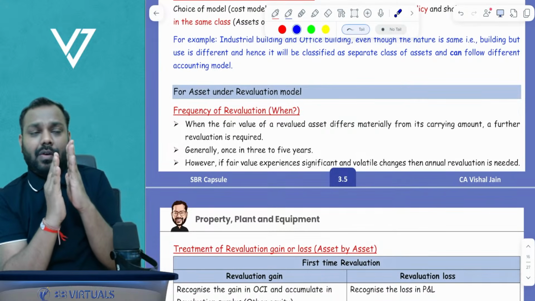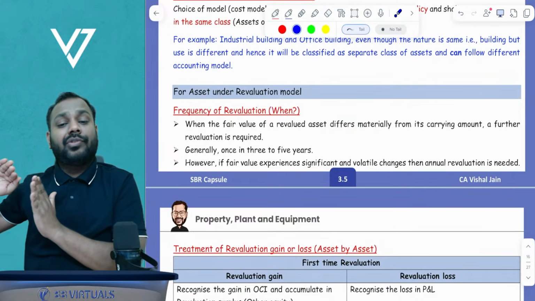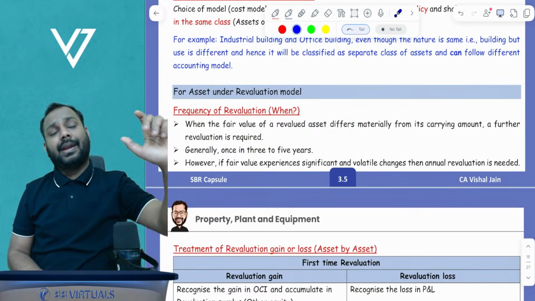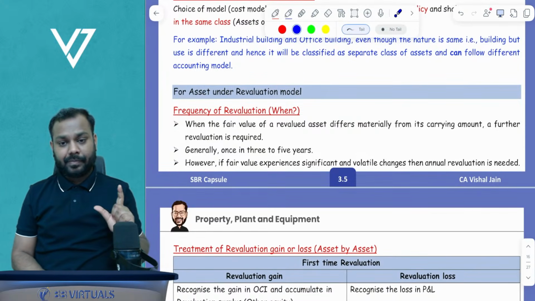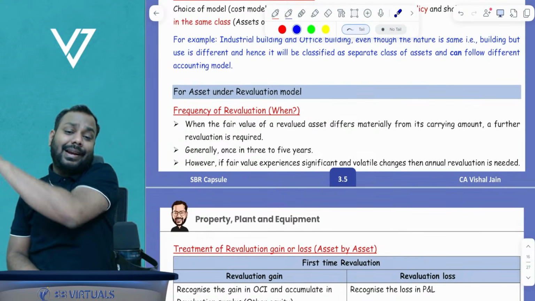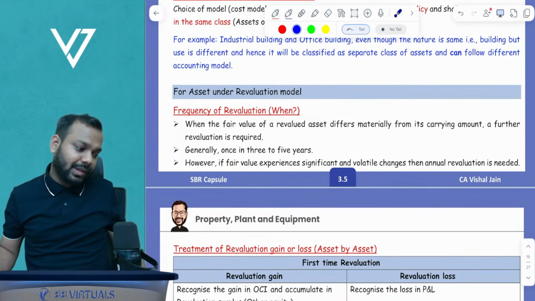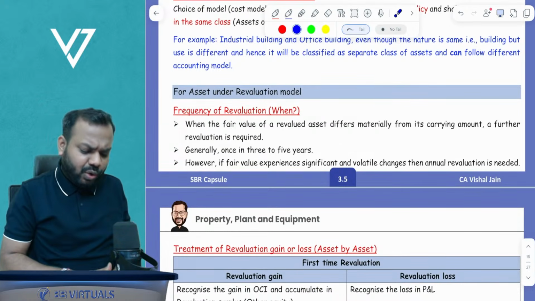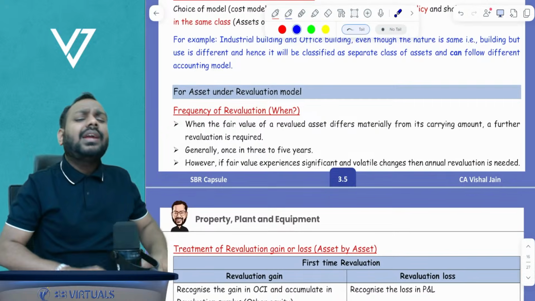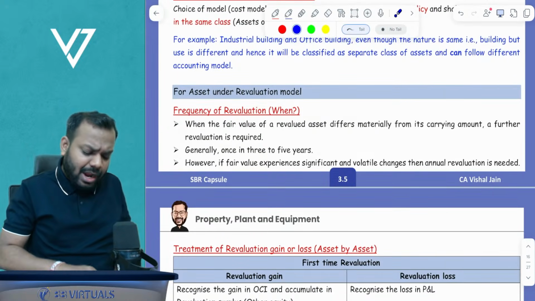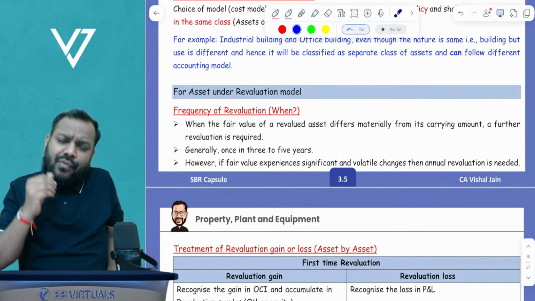If the entity has selected the revaluation model, what has to be done? Point number one: do we need to do revaluation every year at each annual reporting date? Do you think we have to do the revaluation every year?